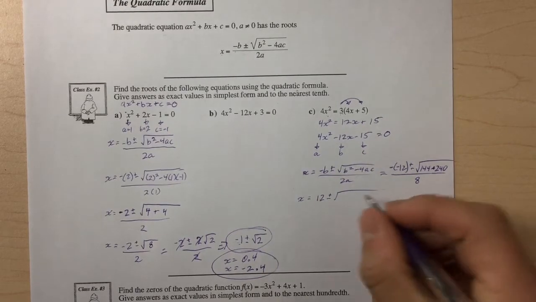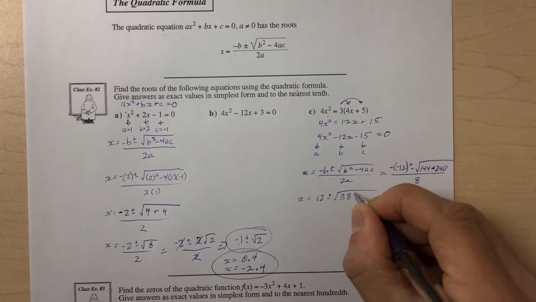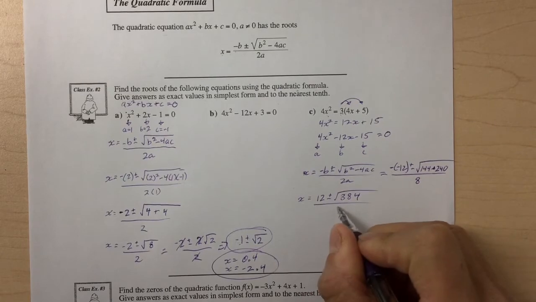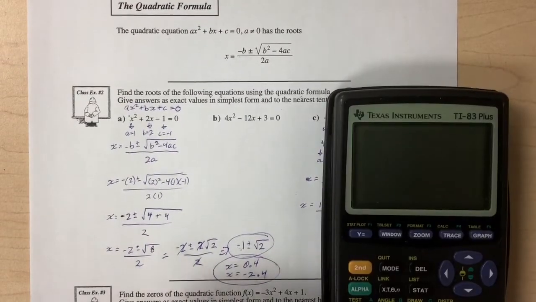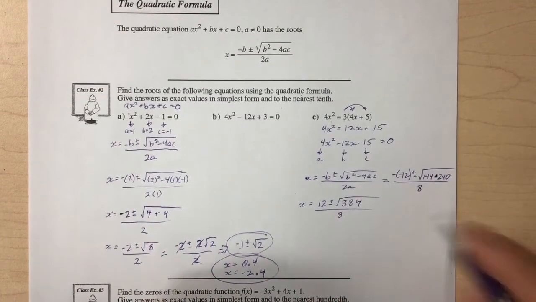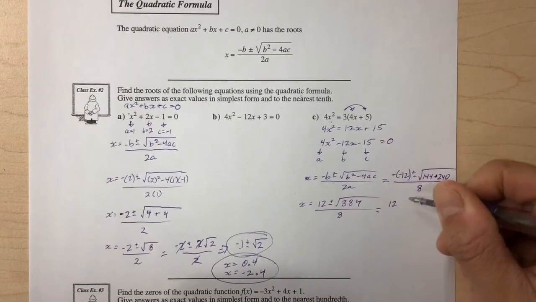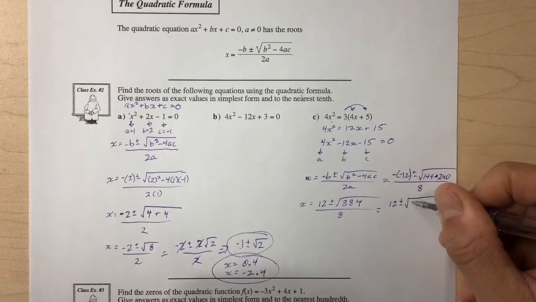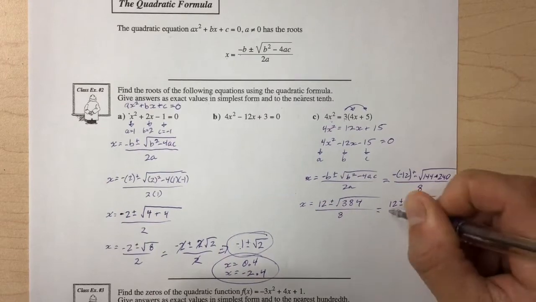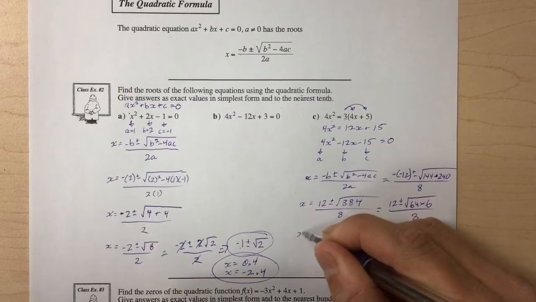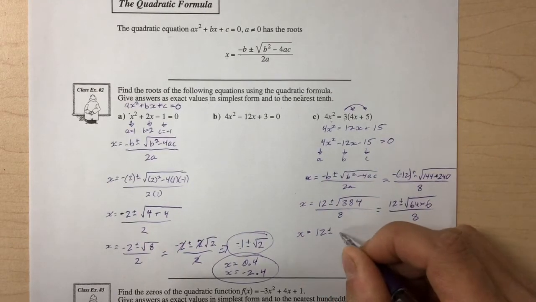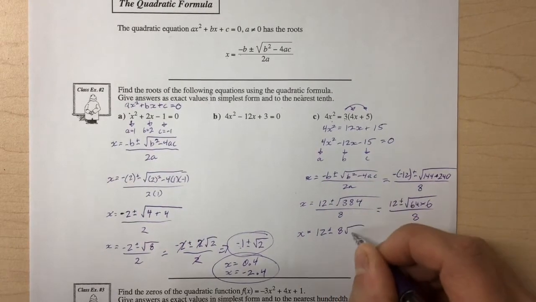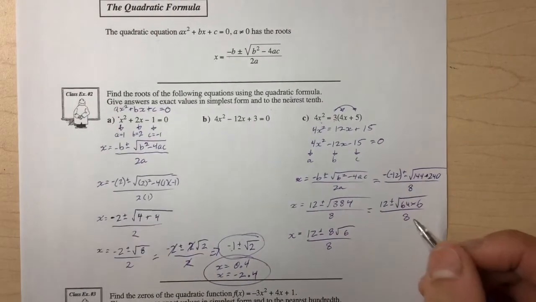the square root of 384, divided by 8. So 384, let's see, 384 divided by 64 is 6. So this can be simplified into plus and minus the square root of 64 times 6, over 8, or 12 plus and minus 8 root 6 over 8.